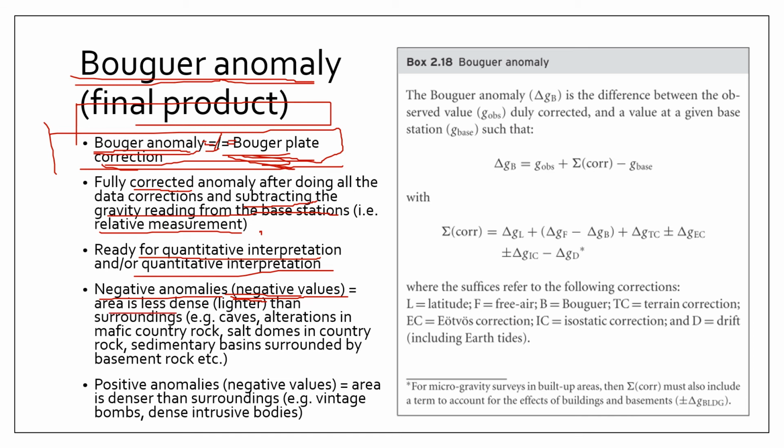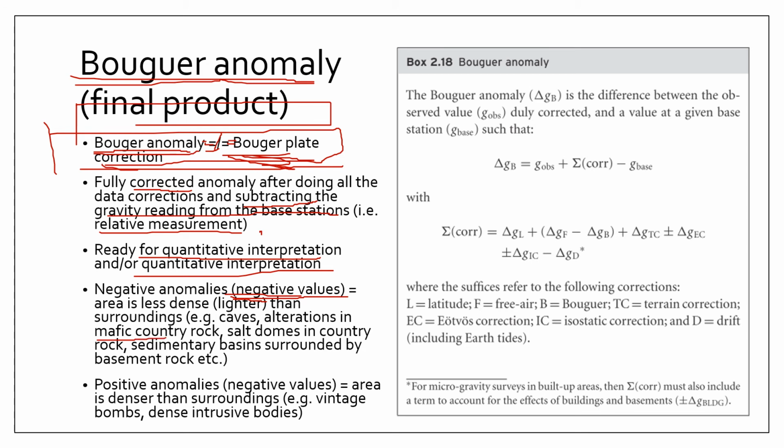So it means that your area might be less dense than the base station. So there could be caves, or alterations like clay alterations in ore deposits. If you have a mafic country rock and it has alterations, normally the clay alterations are less dense than the mafic country rocks.